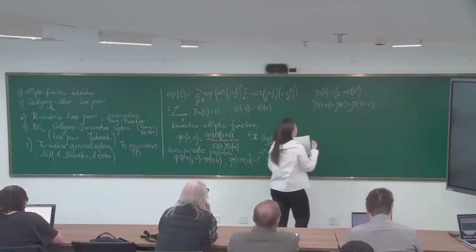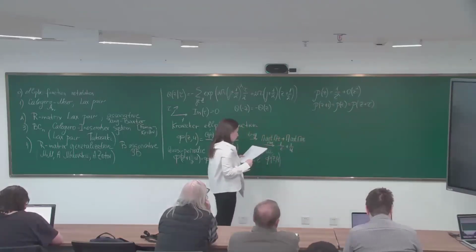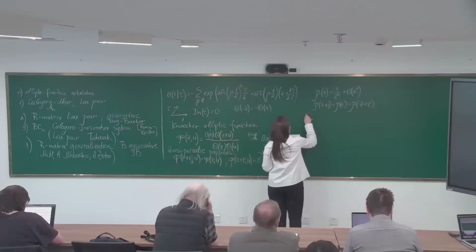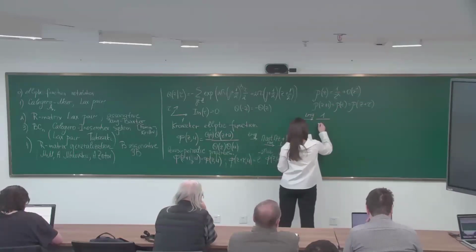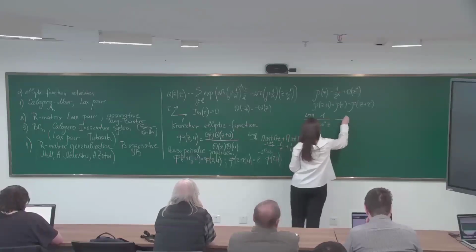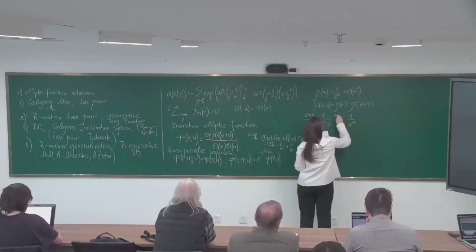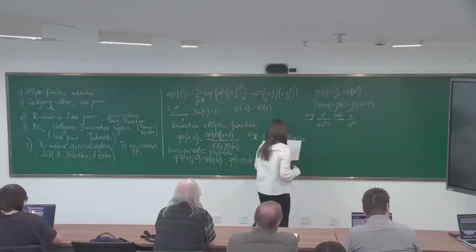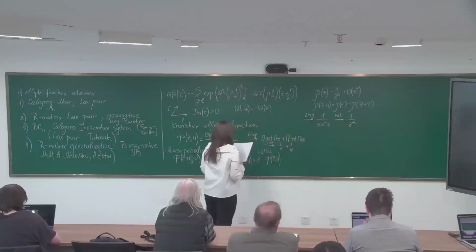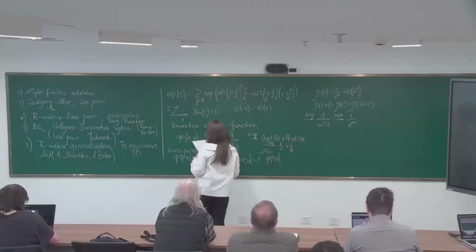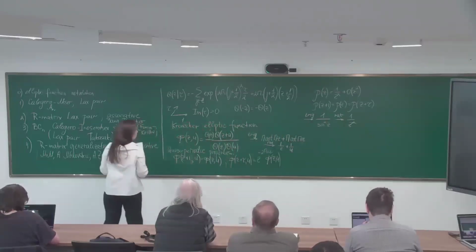So this is the Weierstrass P function. And in trigonometric limit, it goes to 1 over sine squared. Okay. So this is the notation that I will use.